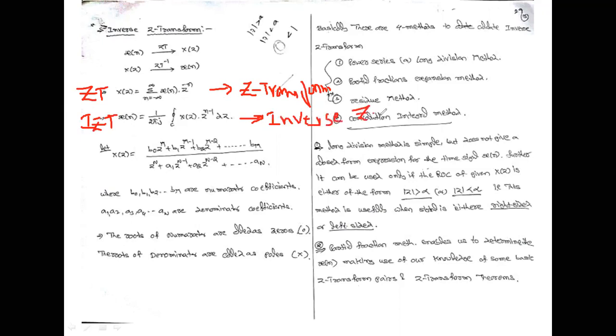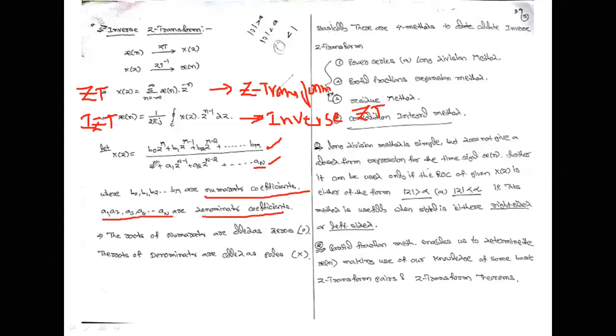So let x of z be b0 z power n, b1 z power n minus 1, decreasing this power, and b1, b2, b3, and so on up to bm, capital M, where M is less than N. Similarly, the denominator is z power N, capital N, plus a1 z power n minus 1, a2 z power n minus 2, and so on, the maximum being suffix capital N, where b0, b1, b2 are the numerator coefficients and a1, a2, a3, up to aN are the denominator coefficients.